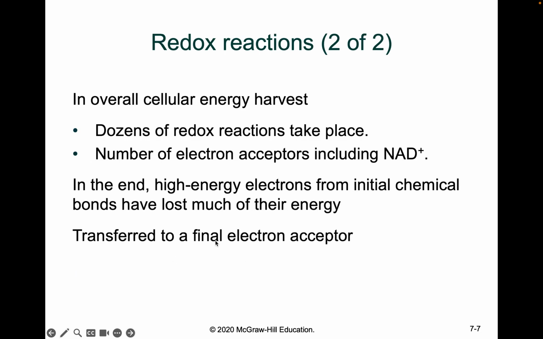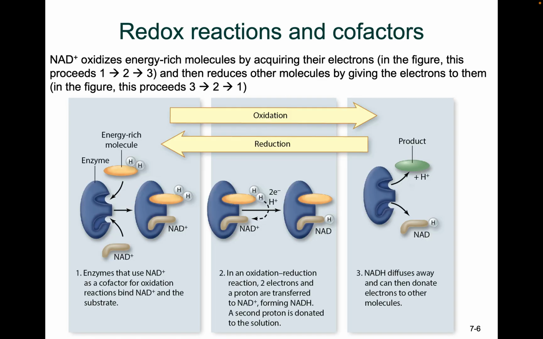So what you're doing here is that when we oxidize this energy-rich molecule, we are creating NADH from a redox reaction. This NADH now has these extra electrons that it gained, and we want to pass them on to a final electron acceptor, because by passing them on, you're creating energy. How?